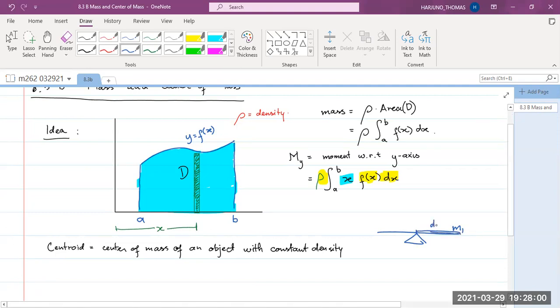Let's call that D1. So the moment is equal to M1 D1. Now you can play seesaw with somebody else with different mass, as long as the moments are the same. So if that person is heavier, with more mass, then the distance has to be shorter.